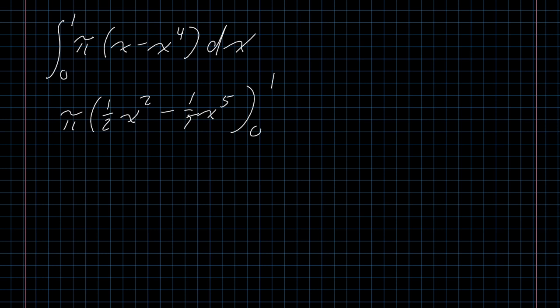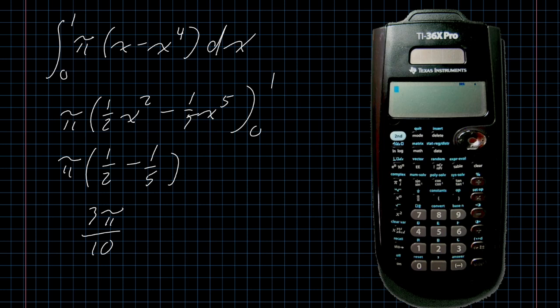Plug in x equals 1. We get 1/2 minus 1/5. Plug in x equals 0, we get 0. Right? And 1/2 minus 1/5 is 3 over 10. So I get 3 pi over 10. Or, if I grab my calculator out, 3 pi over 10, my calculator tells me, is 0.9424777.